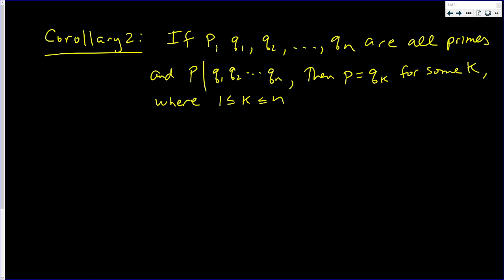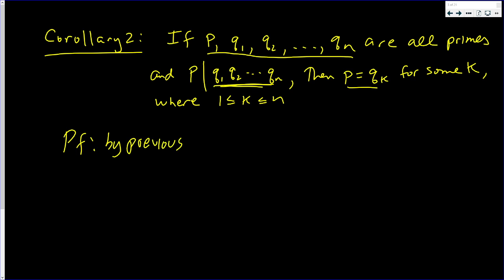This one talks about P, Q1, Q2, up to Qn, and P divides the product. Then P must divide Qk. P must divide one of these. Okay, proof by the previous corollary.